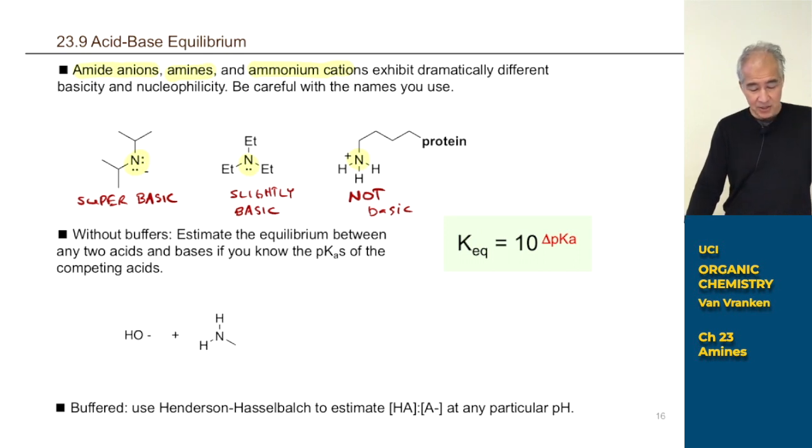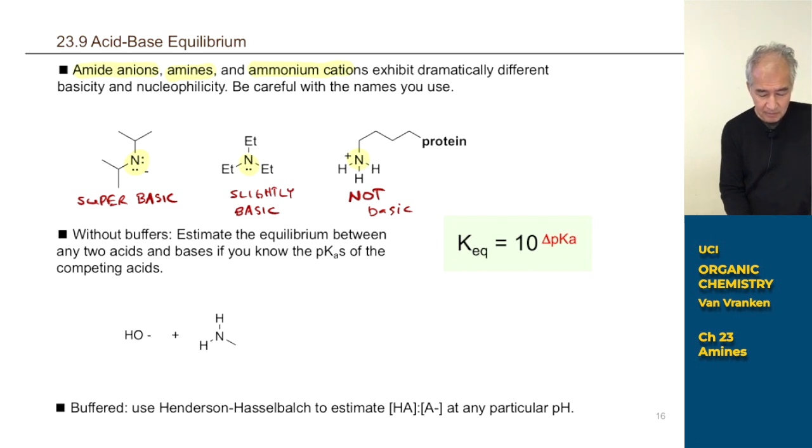Now, if you take an amine or any one of these forms, and treat it with anything that's basic or can potentially act as a base, I expect you to be able to predict the equilibrium constant for that process, because proton transfer events are fast and reversible.